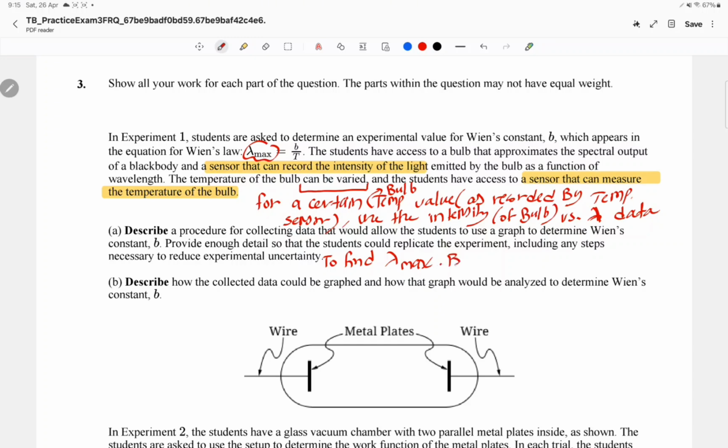Okay, and repeat this procedure using 5 different temperatures.